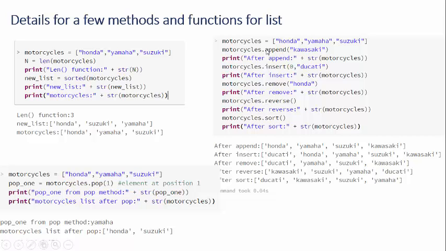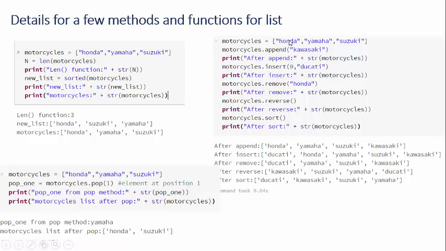So basically, to refresh, a method can be applied once we have the dot operator and a specific method for the list. In that particular case, we're saying we're going to append Kawasaki to the list.